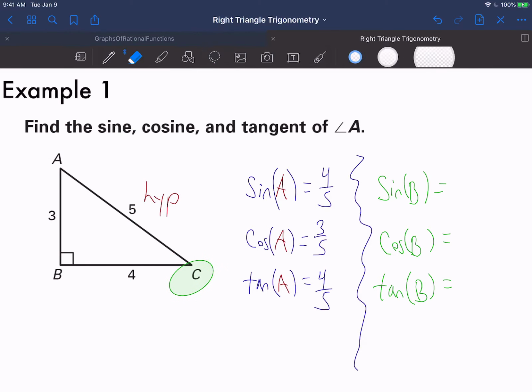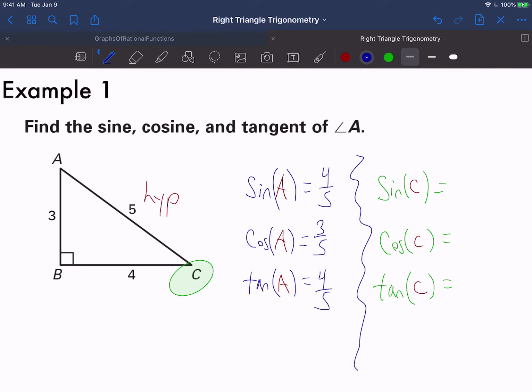It's funny, I do this all the time. I said B, right? I gotta fix that. Let's make that angle C in this case. Normally the C is the right angle, right? And they messed with us on this one, but that's okay. I caught it. So we can only do sine, cosine, and tangent of the acute angles, at least at this point. Okay, so pause the video and find the sine, cosine, and tangent of angle C.